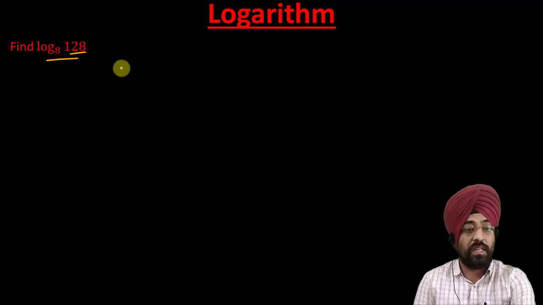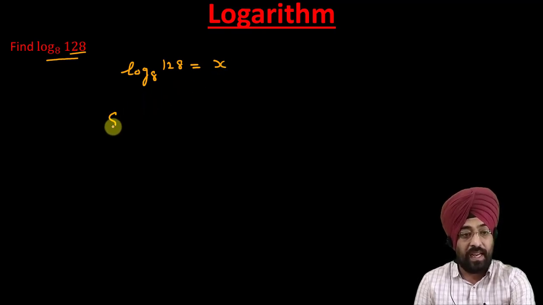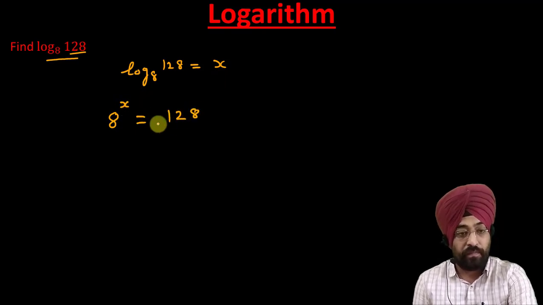Now let us assume it is x, we have to find its value. Let us assume log of 128 with base 8 is equal to x. Now if we convert this into exponential form, then we can write 8 raised to the power x is equal to 128.